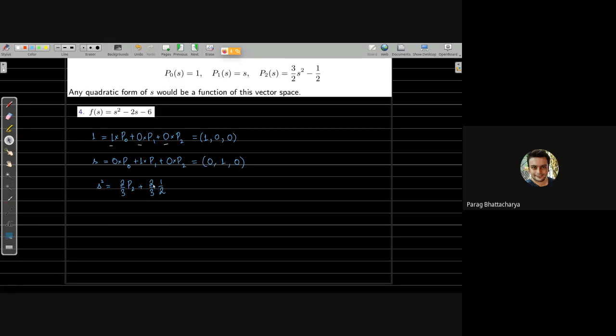And when that happens, this 2 and 2 gets cancelled, this 2 and this 2 will get cancelled, and what will be left behind is 1 by 3.